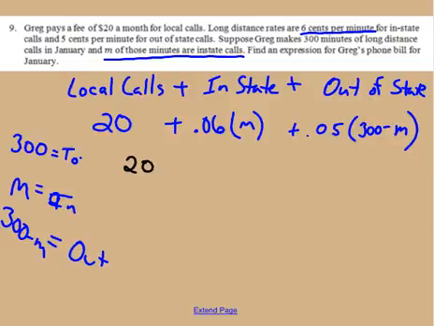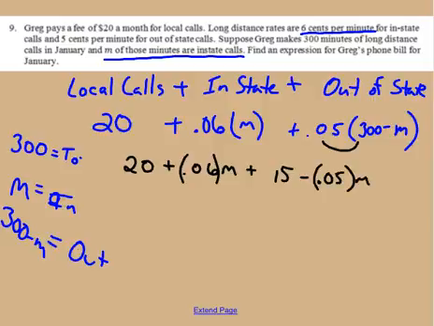So here's what we got. 20 plus 0.06M plus, maybe putting that in parentheses would be easy to see, 0.05 times (300 minus M). That is 15 minus 0.05M.